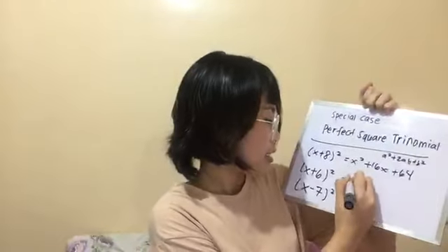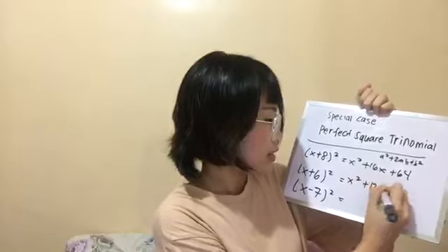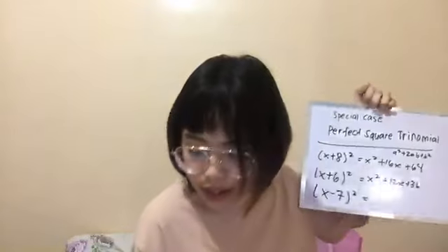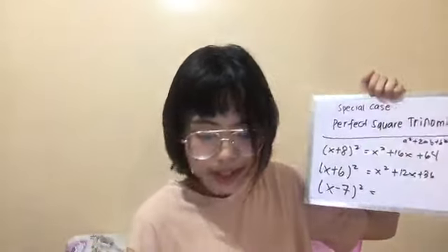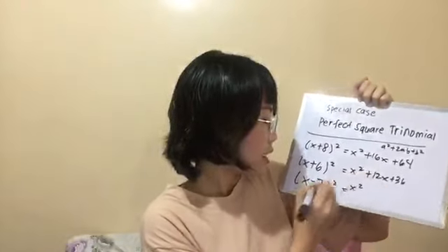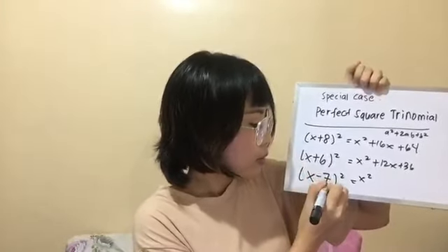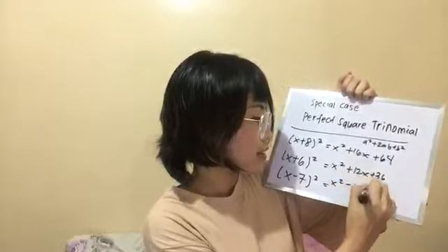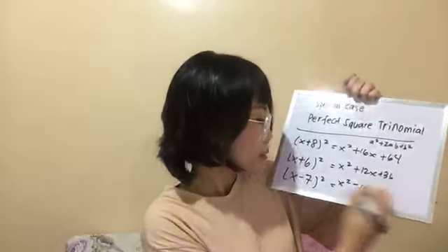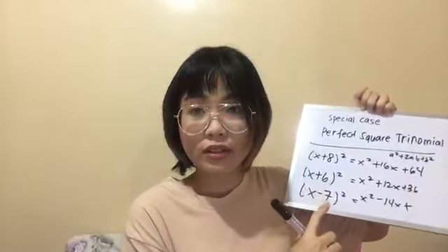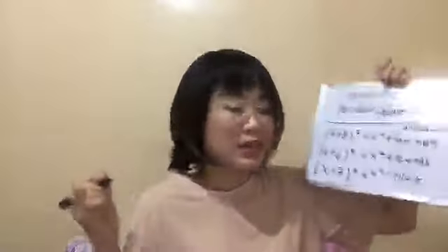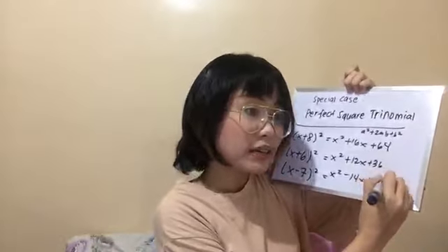Next is x squared plus 12x plus 36. Let me check if that's correct. And the last one is x squared, and since this is minus, you will have negative 14x plus, because negative 7 squared will be positive 49. It's right there. So she got perfect again.